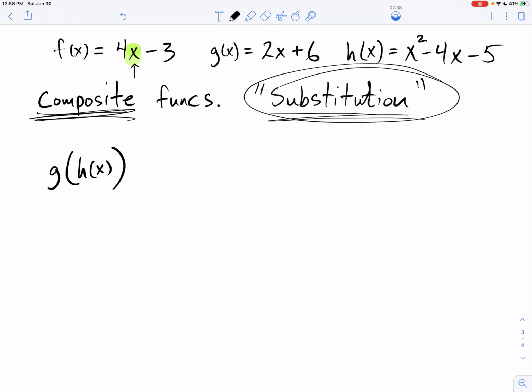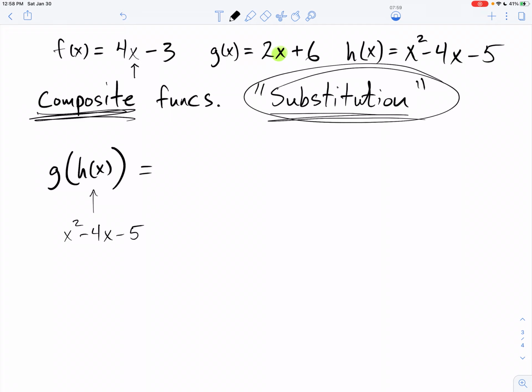Now, h of x is a big boy. What is h of x? He's all of this stuff. That's what he is. He's going to get substituted in right there. I'm going to plug it in right where that x is.